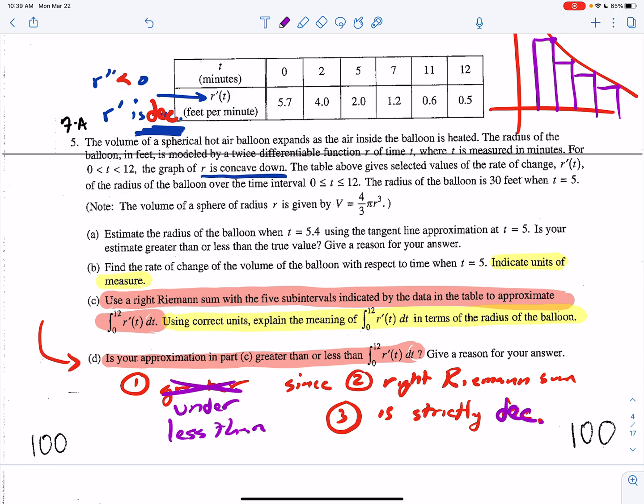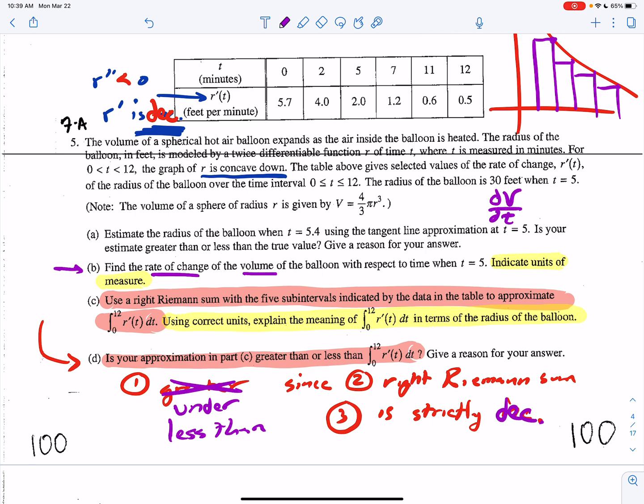Okay, here. A little bit different, but not really. Part B says, find the rate of change of the volume of the balloon with respect to time t. So rate of change means derivative of the volume of the balloon with respect to t. So we know that this is dV over dt.